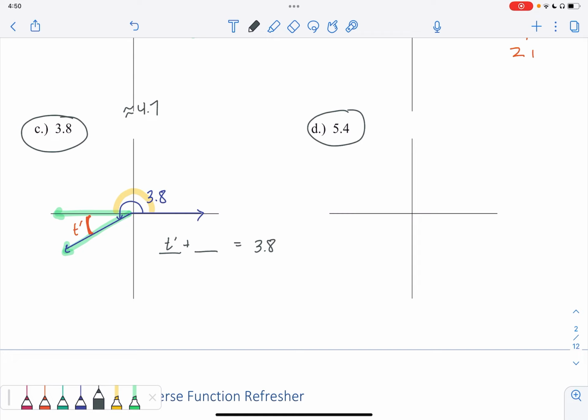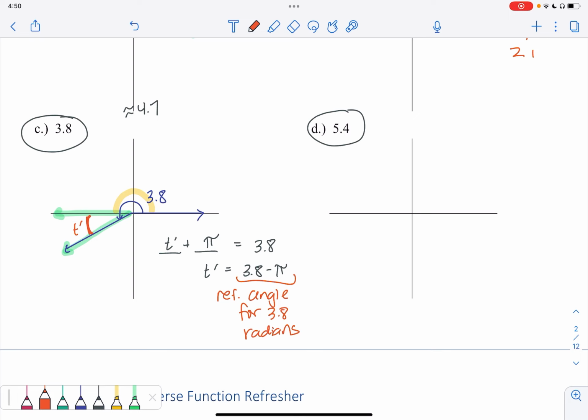And to get all the way back to that positive x-axis, I've kind of gone this amount, and if I want to get all the way back here, that's just a pi rotation. So T prime plus pi is 3.8. So T prime will be 3.8 minus pi. So this is the size of the reference angle for 3.8 radians. All right, almost there.